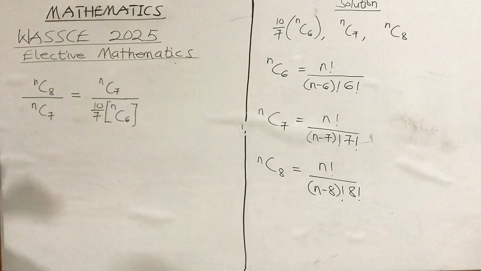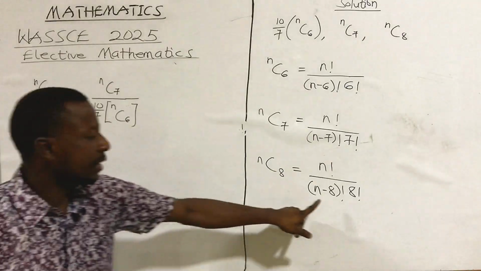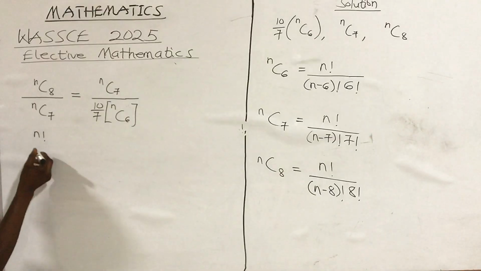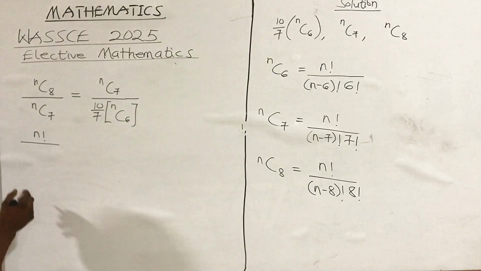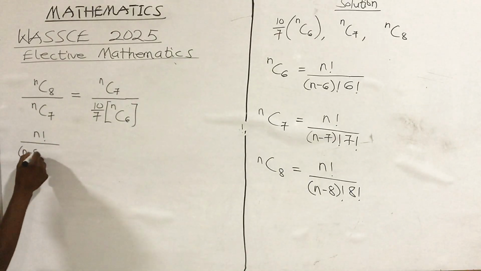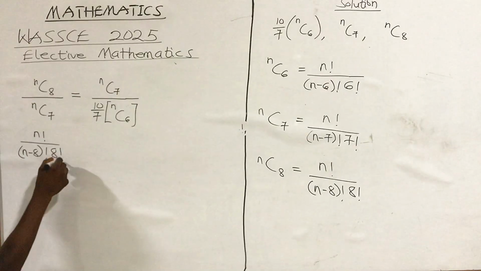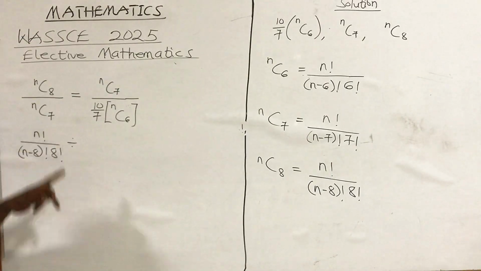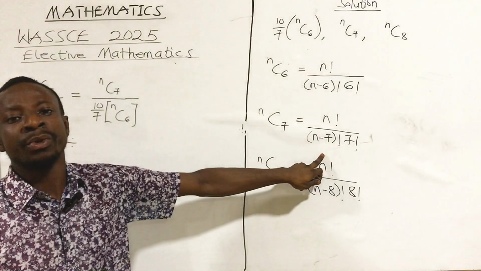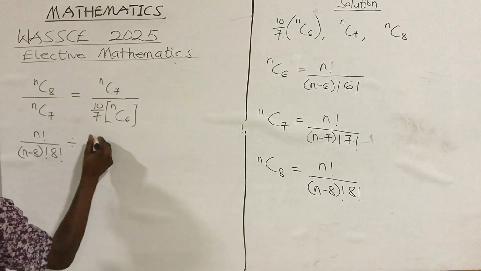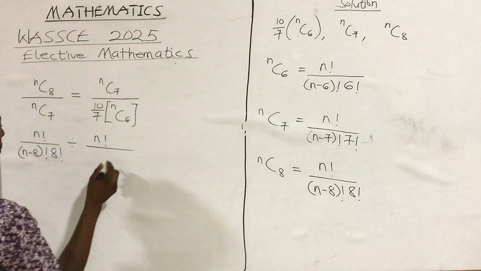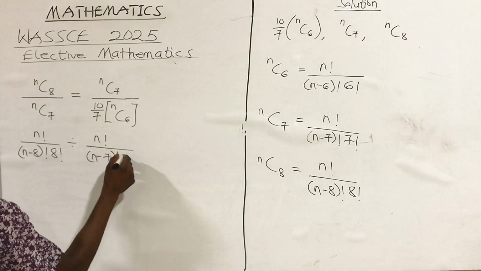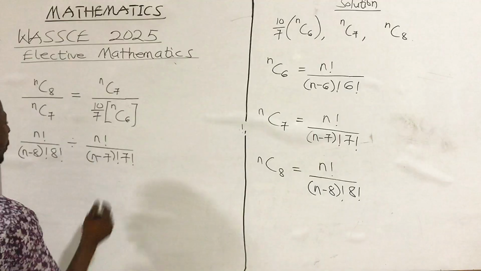Now from here, nC8 is n factorial over (n minus 8) factorial, 8 factorial, dividing nC7, which is n factorial over (n minus 7) factorial, then 7 factorial.